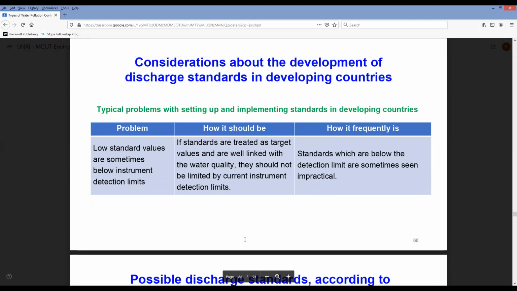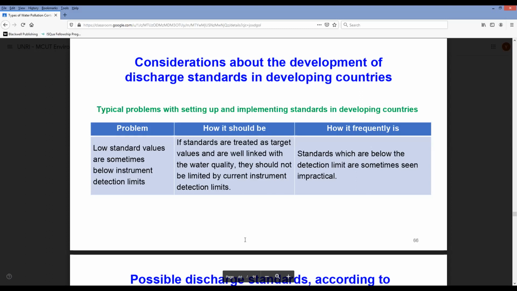Okay, and then this is low standard values are sometimes below the instrument detection limit. So it means every instrument has its own detection limit. For example, for GC, the gas chromatography, the detection limit may be 1 ppb, which is a microgram per liter.